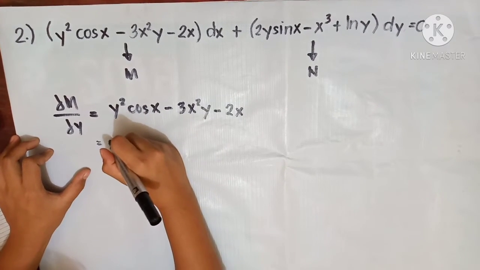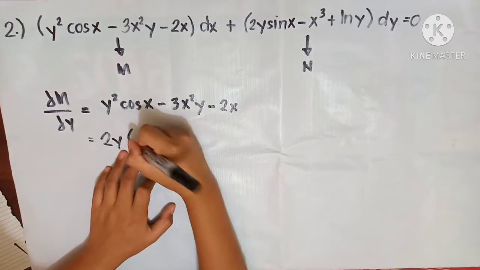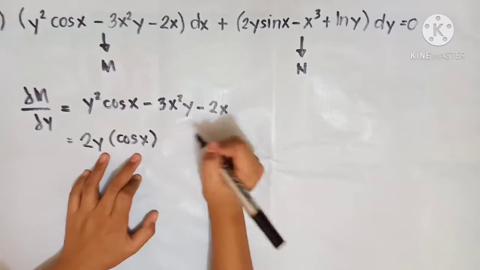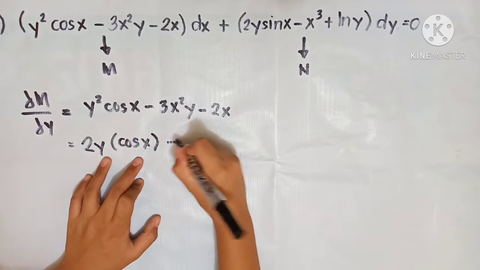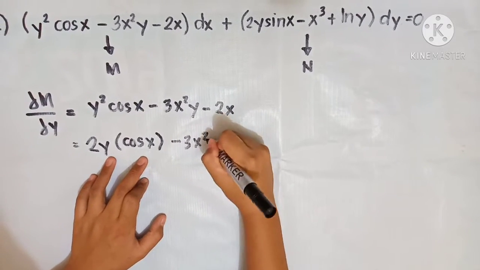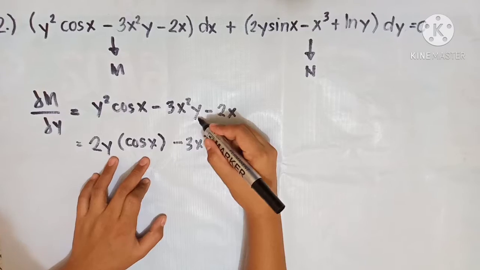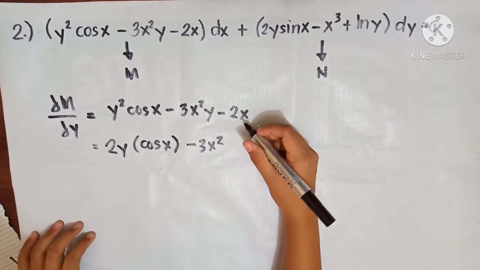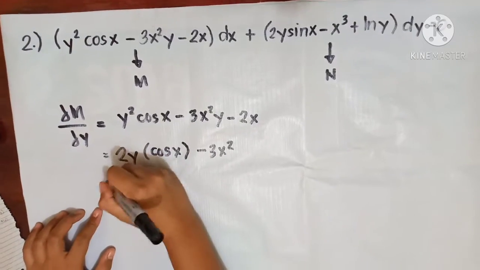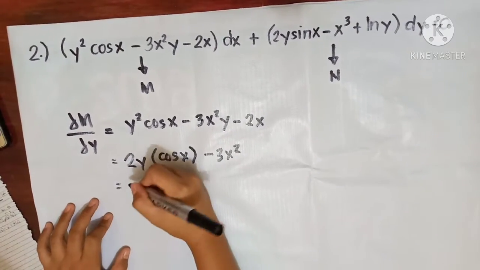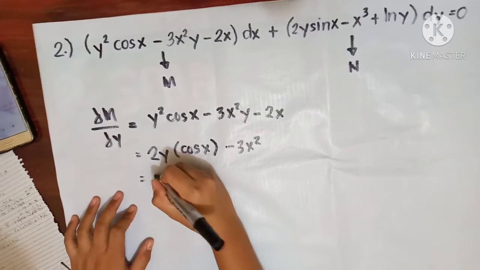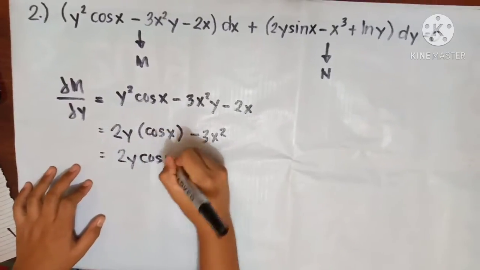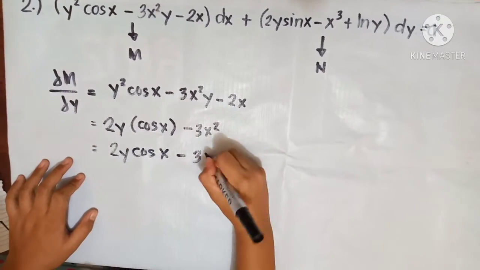Y squared will become 2y, cosine x will remain cosine x, and 3x squared will remain 3x squared, since when we derive y, it will become 1, so 3x squared times 1 is only 3x squared, and the 2x will become 0. So the partial derivative of m in terms of y is equal to 2y cosine x minus 3x squared.